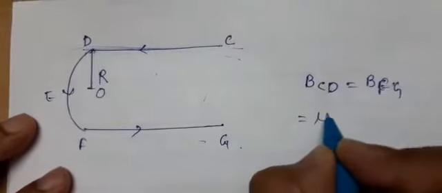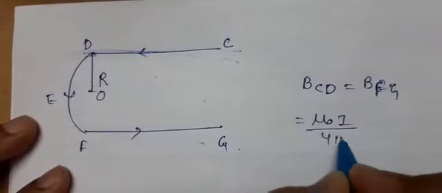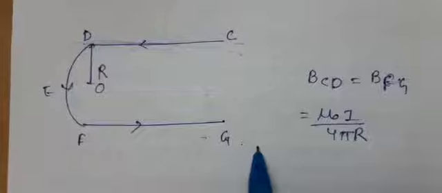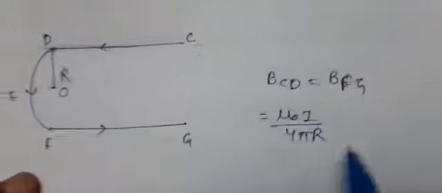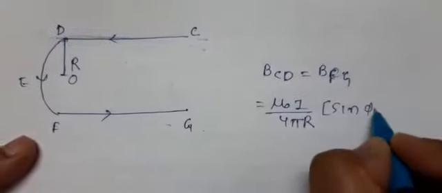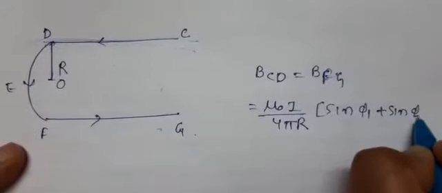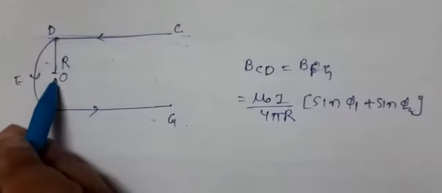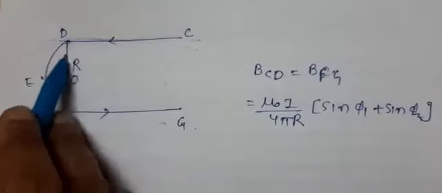And what will be the formula? Mu naught I upon 4 pi R, where R is the distance which we are taking, not radius. So it is sine phi 1 plus sine phi 2. If you remember, this is a special case, when the point of measurement is near one edge.